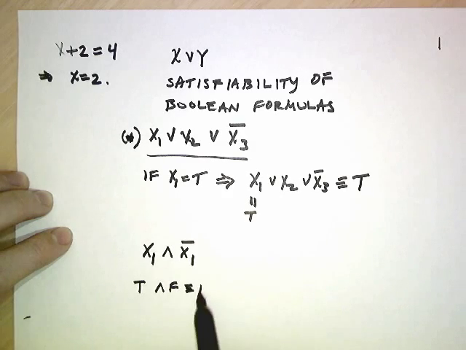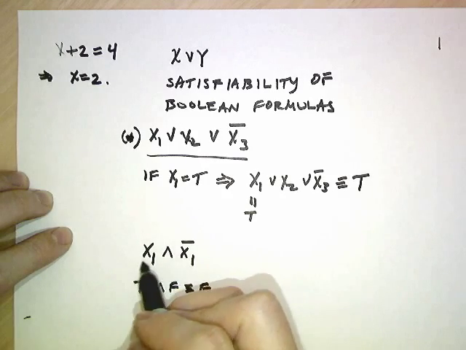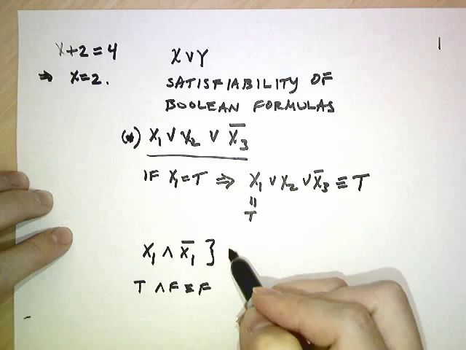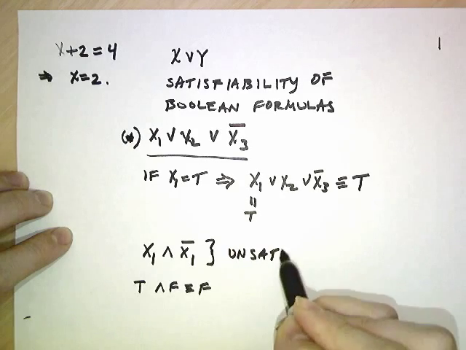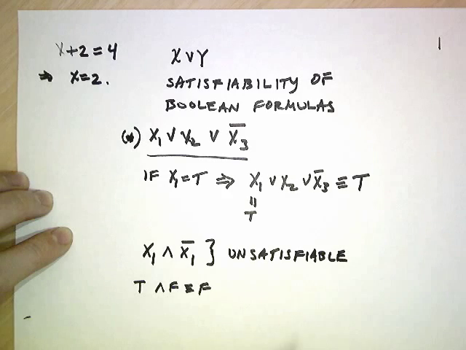So this will simplify to false. If I put false in for x1, well then I'll have false and something is always false. So this formula here is an unsatisfiable formula.